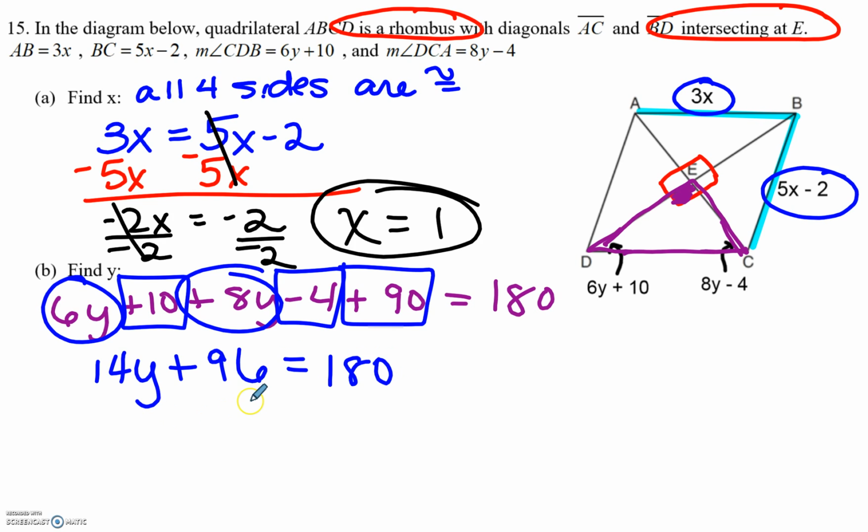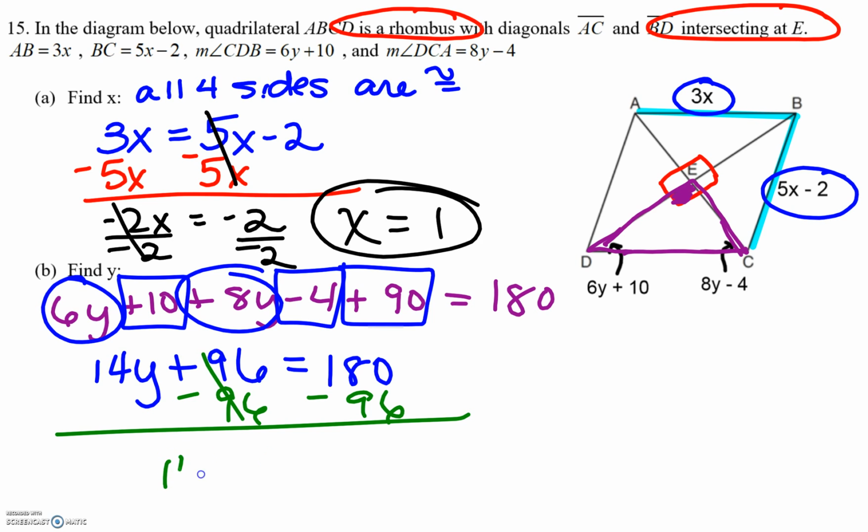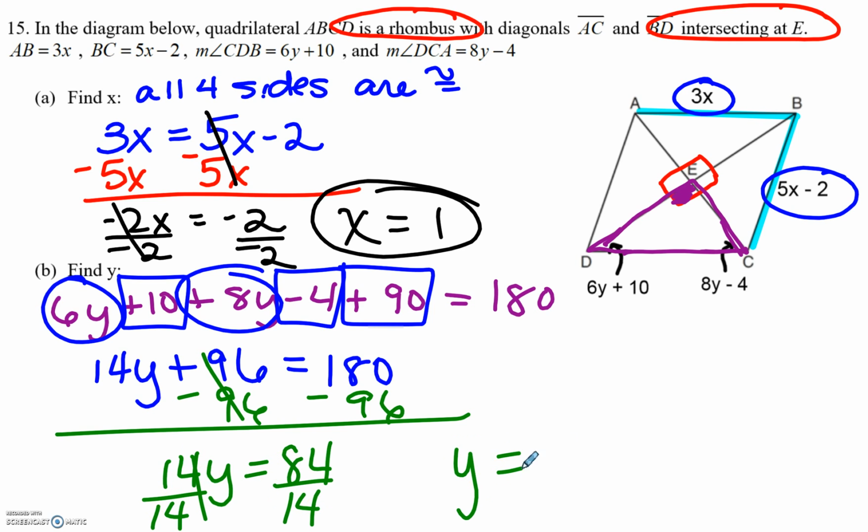From here, we want to solve for y, so we have to subtract 96, and 14y is equal to 84, divide by 14, and y is equal to 6. Again, go back to the problem, make sure you're not looking for a certain angle that you have to plug that value in. You just had to find y, so you're done with the problem.